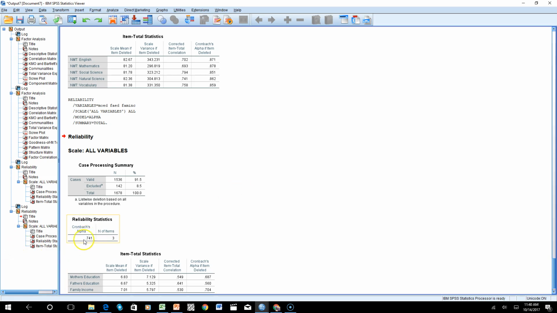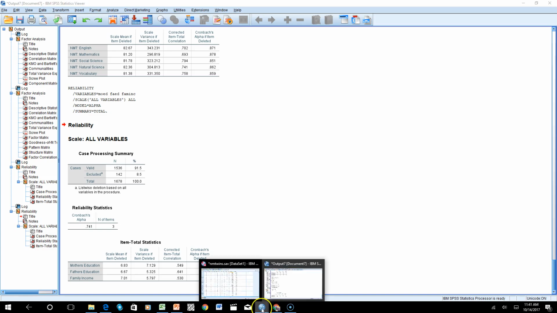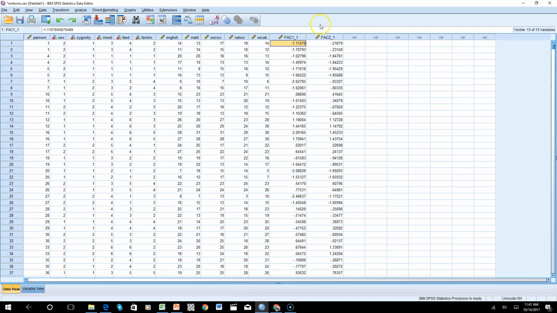Okay, now we have 0.74, which is good. Nicely loaded. We can go over here to our item total statistics. We don't have to delete anything because the one that we have is the strongest, and that is excellent. Let's take one look at our data set. We have our first factor there that dealt with the national merit test information.